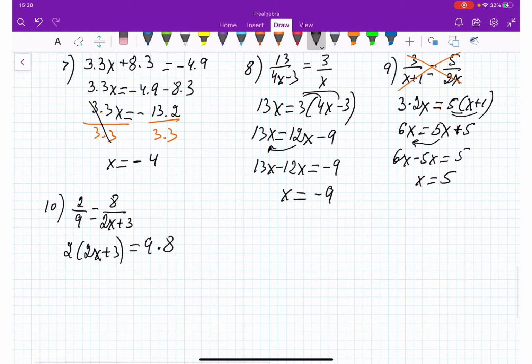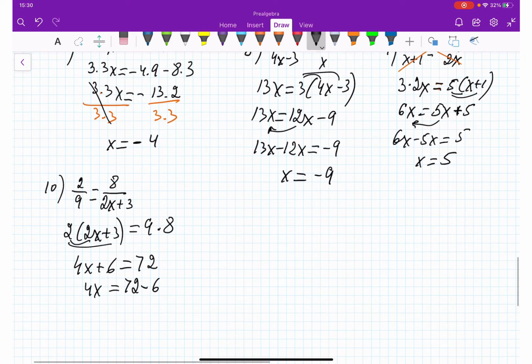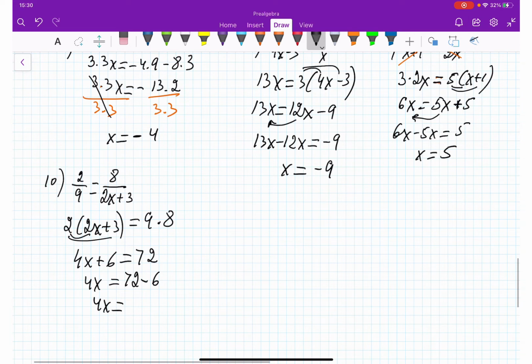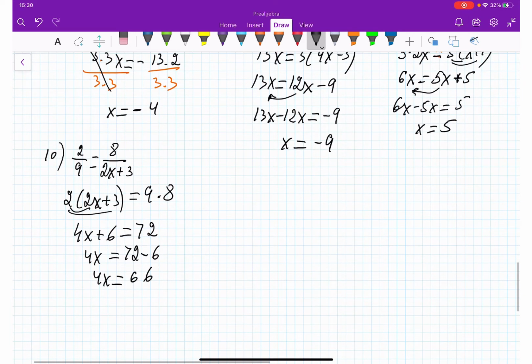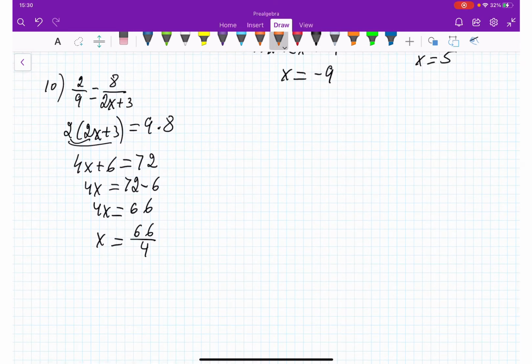So distribute: 4x plus 6 equals 72. 4x is equal to 72 minus 6, 4x is equal to 66. And x is equal to 66 divided by 4. We reduce by 2. It's going to be 33 over 2. So we are getting x equals 33 over 2.